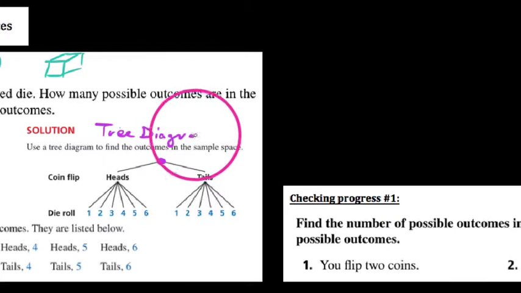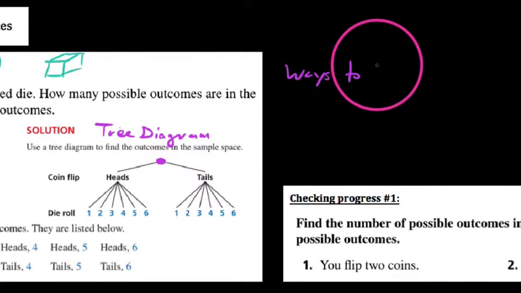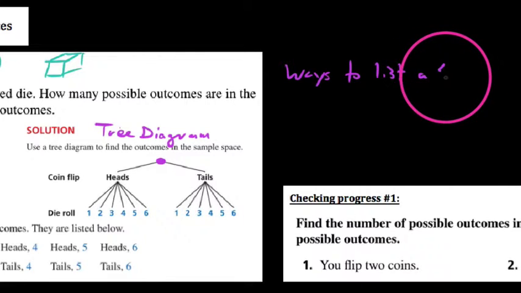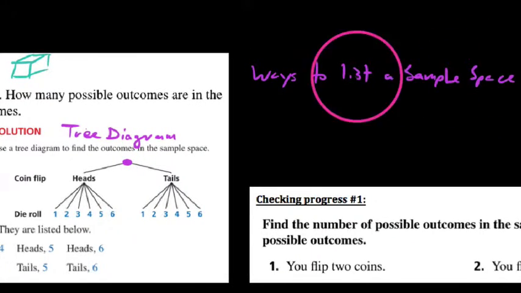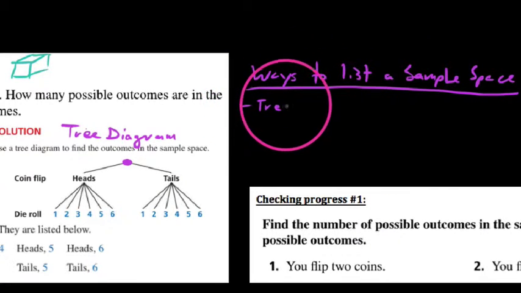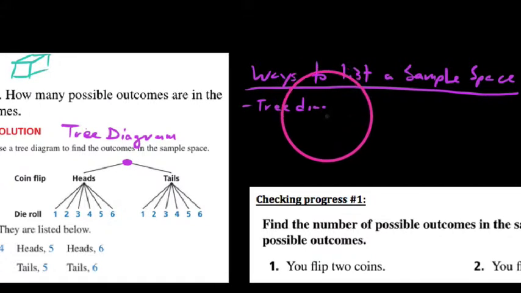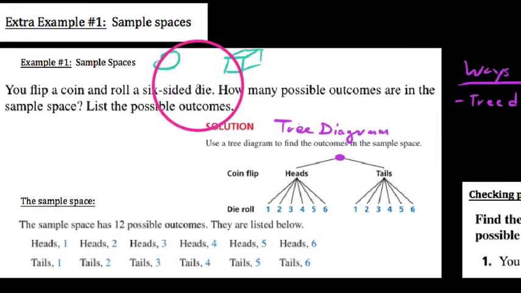So we're going to make a little note here: ways to list a sample space. There are many ways to do this. There are three that we're going to talk about here, but one way is to use a tree diagram. Tree diagrams are very useful when we talk about events happening in sequence.